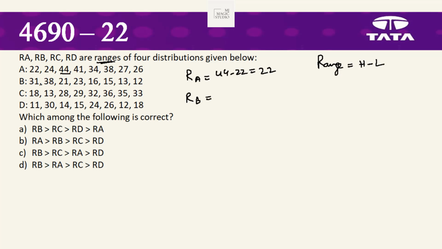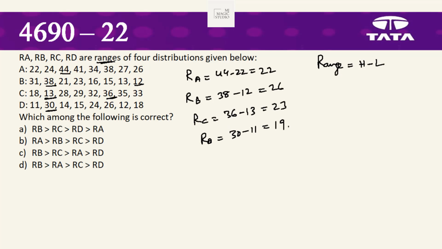RB, highest 38, lowest is 12. 38 minus 12, that is 26. RC, we can see 36 and 13. 36 minus 13 is 23. And RD, highest value we can see 30, lowest 11. 30 minus 11, that is 19.